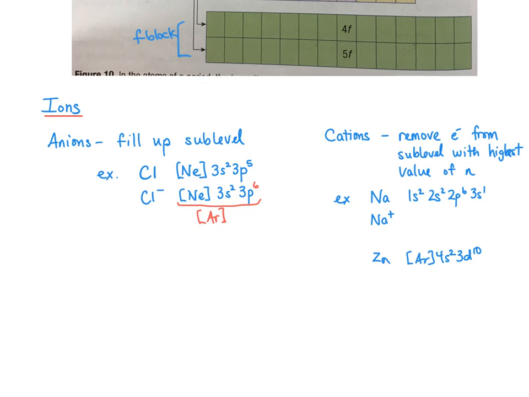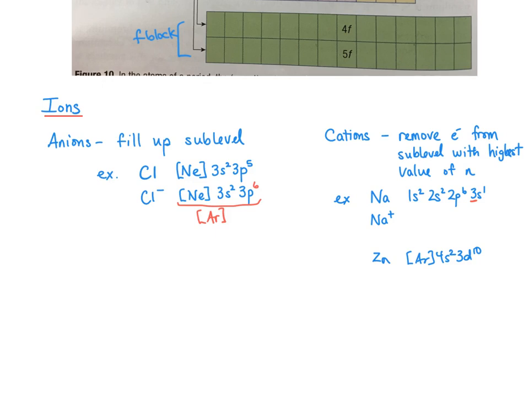Okay, for cations, we remove electrons from the sublevel with the highest value of n. So let's look at sodium here. The values of n for these sublevels: 1, 2, 2, 3. Which sublevel has the highest value of n? That would be the 3s. So we look to empty that sublevel.